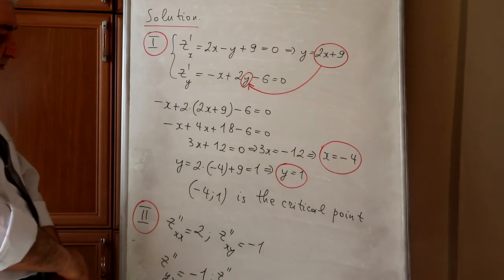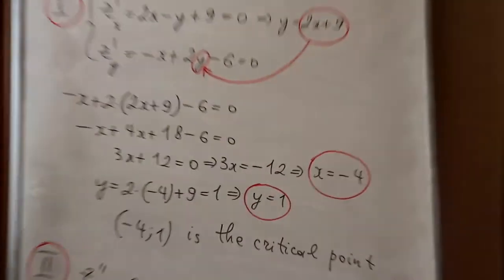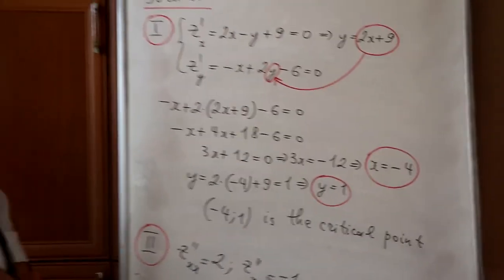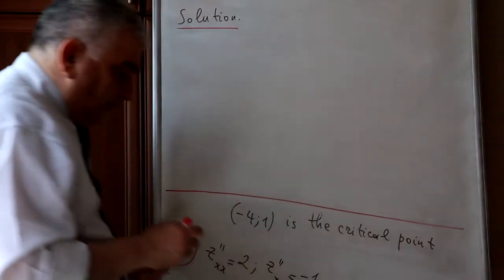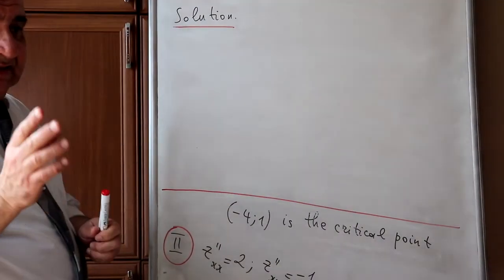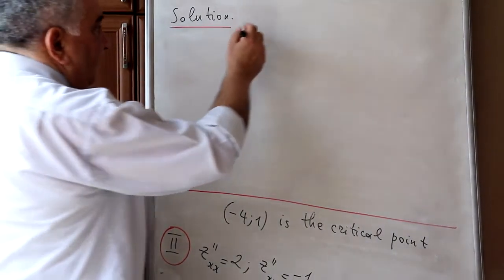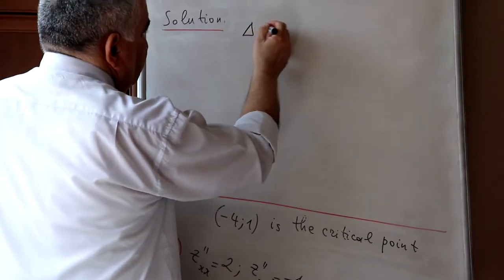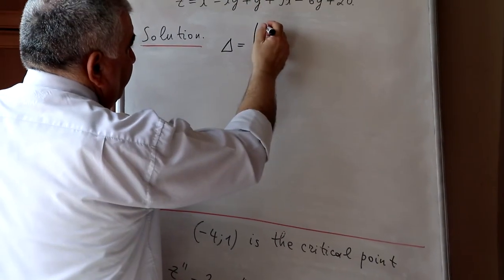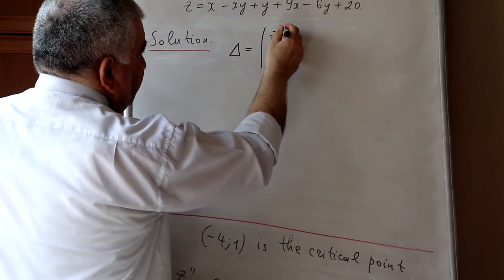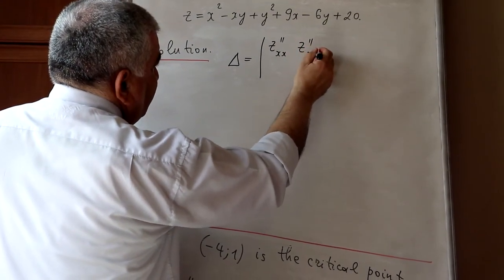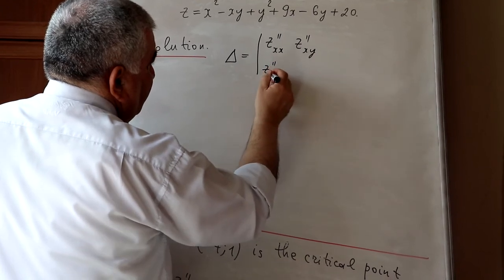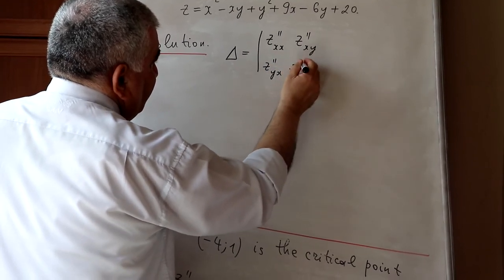Then continue. Form the characteristic determinant delta. Delta equals z double prime xx, z double prime xy, z double prime yx, z double prime yy.